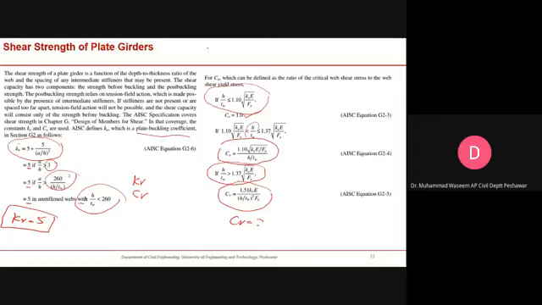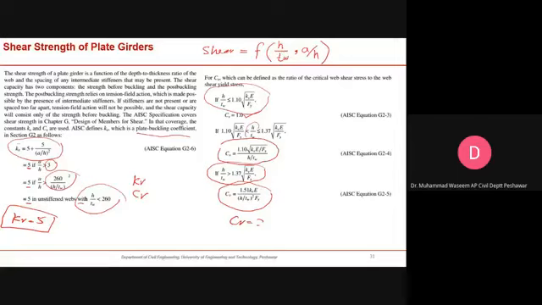It means the shear strength is a function of depth to thickness of the web, and also the spacing of the intermediate stiffeners, which is A by H. So if the aspect ratio is varying, you have different cases, and the KV and CV values will be changing.